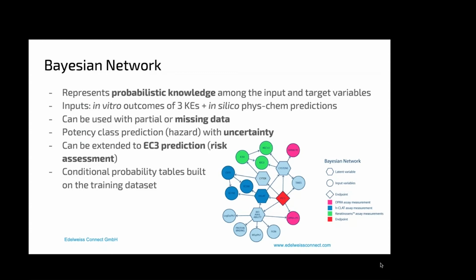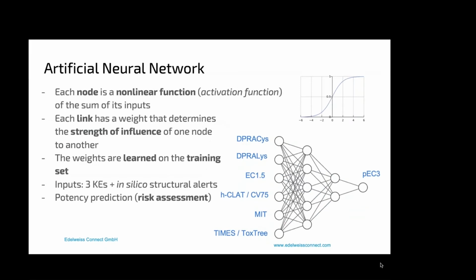Next is the neural network. Here they try to resemble biological neural networks, and each node is supposed to be a neuron which can be active or inactive depending on the input it receives. The activation functions for each neuron are determined on the training data set, and in the end you get a pEC3 value. So this method can be used for risk assessment.